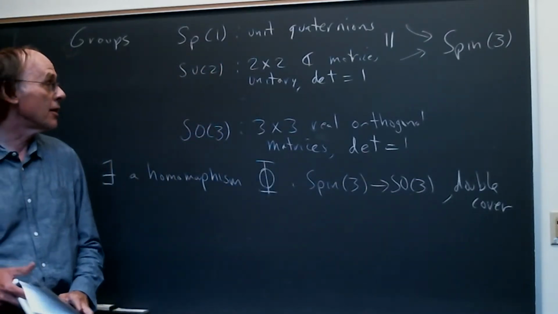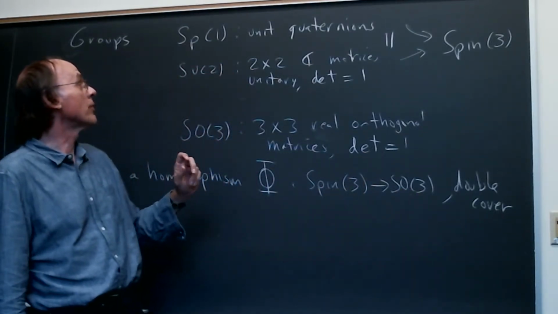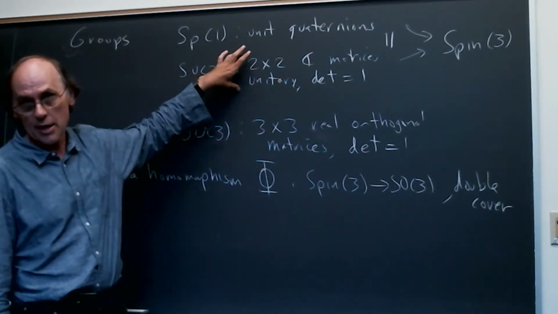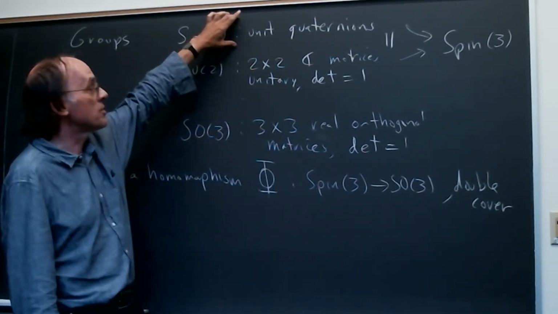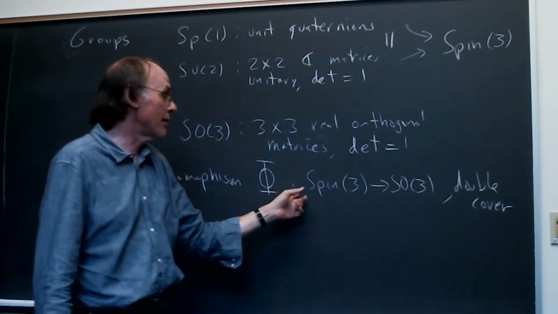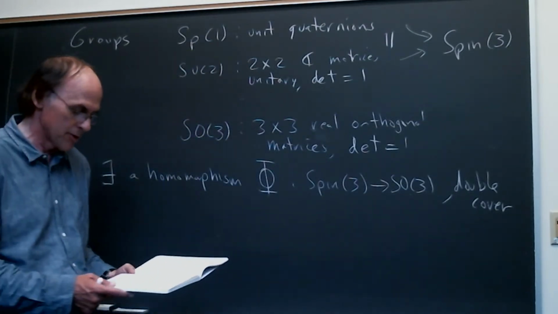And if you want to write this map down really explicitly, it's hard to do using SU2 for Spin 3, but if you use the SP1 for Spin 3, then there is a conceptually nice way of writing down what this map is.